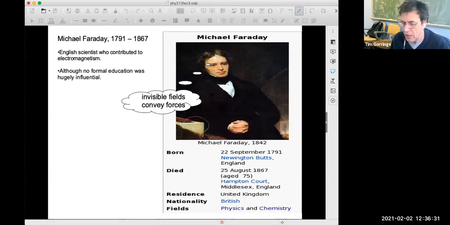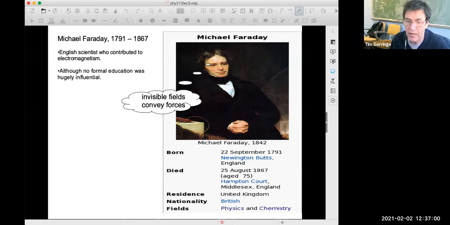Now, fields you can't see, you can't feel, you can't taste, but transmitting the electrical forces between charges or the gravitational forces between masses are these unseen, unfelt fields that the charges and masses themselves experience.